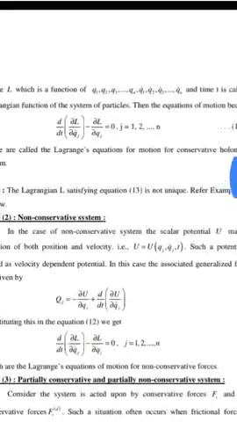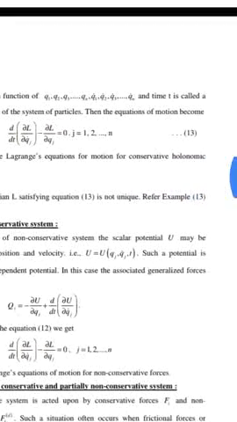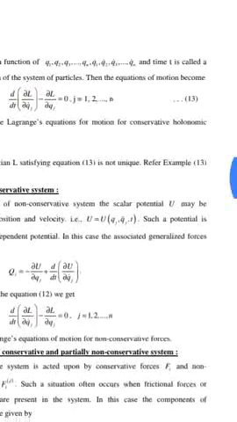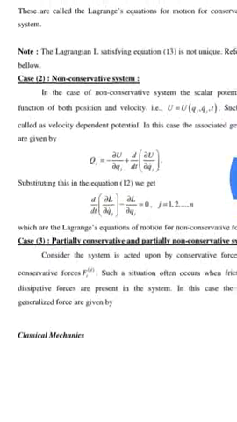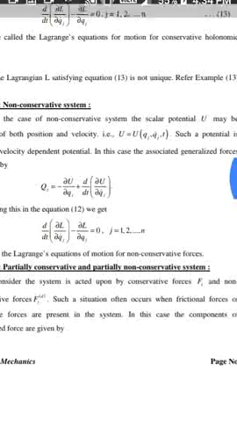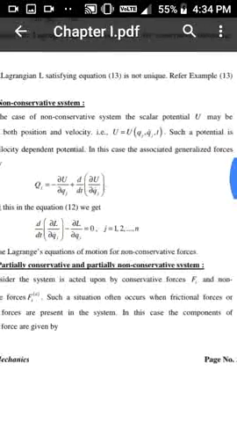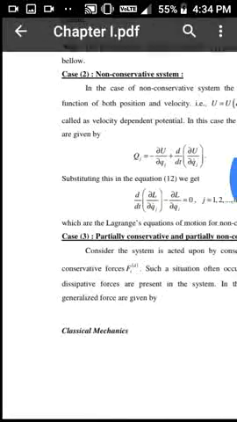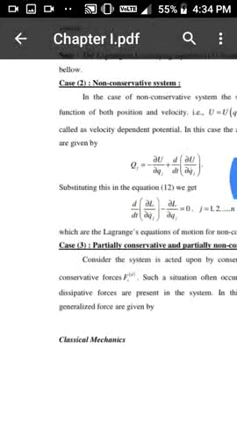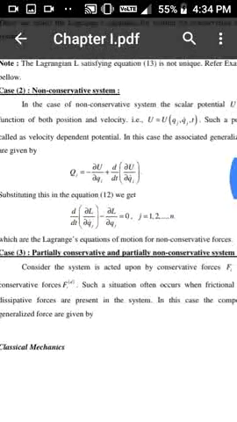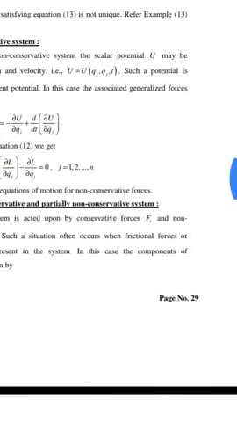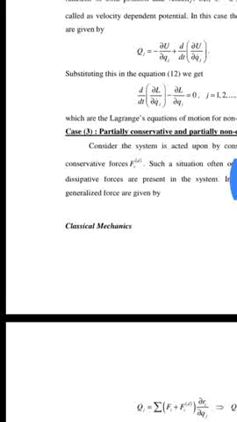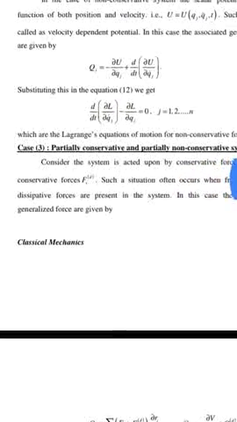The Lagrangian L satisfying the equation is not unique. For a non-conservative system, the scalar potential U may be a function of both position and velocity, U is equal to U of qj, qj dot, t. Such a potential is called a velocity dependent potential.